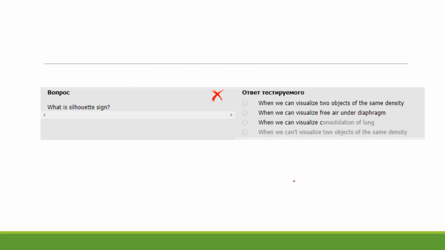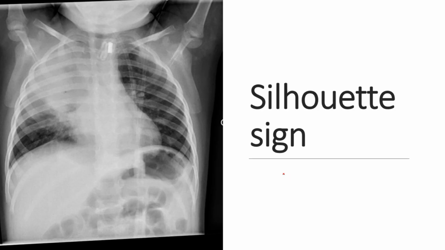Okay, what is the silhouette sign? The silhouette sign is an interesting sign when we can't understand where one organ is and where the next organ is. In a normal situation we know that it is the heart and it is the lung, because they have different density.